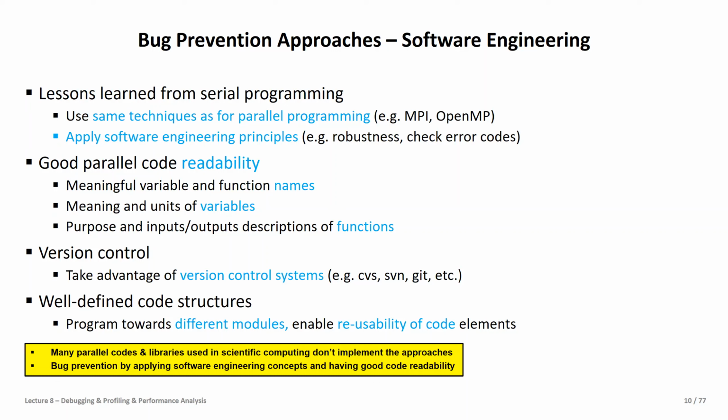Whenever I showed examples in this course, they are not the best examples for this, because here we want to show you the idea of why parallel computing works and put an emphasis on that. When you have a really good parallel code, you want to make sure you have robustness against errors, meaningful variable and function names, a very good readability of the code, and maybe even descriptions of functions, metadata, and so on.